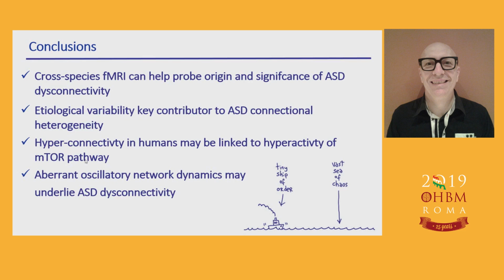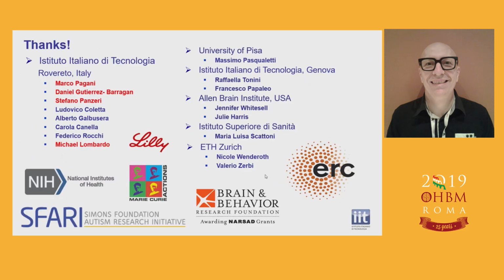We propose that hyperconnectivity may be partly explained by hyperactivity of the mTOR pathway, and that there is this new phenomenon, this aberrant oscillatory network dynamics, that may also be involved in the functional decoupling we see in connectivity. We haven't addressed, of course, all the questions, but perhaps this is really a tiny step forward.